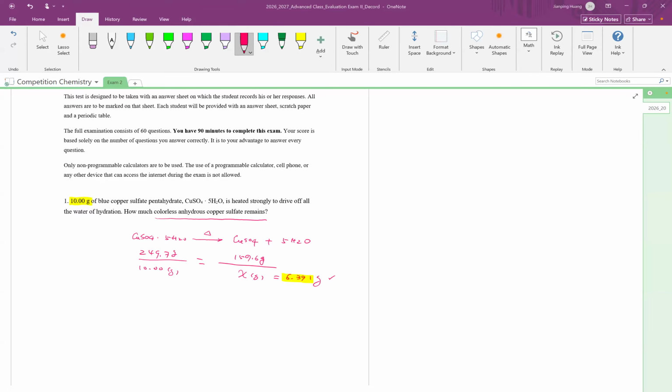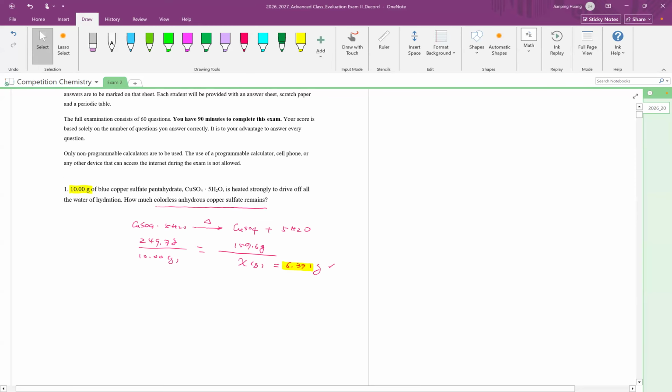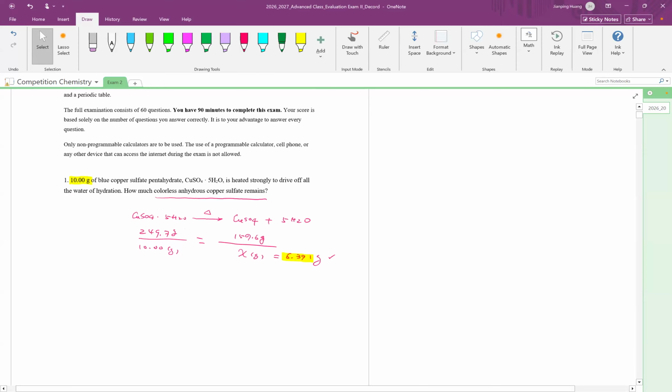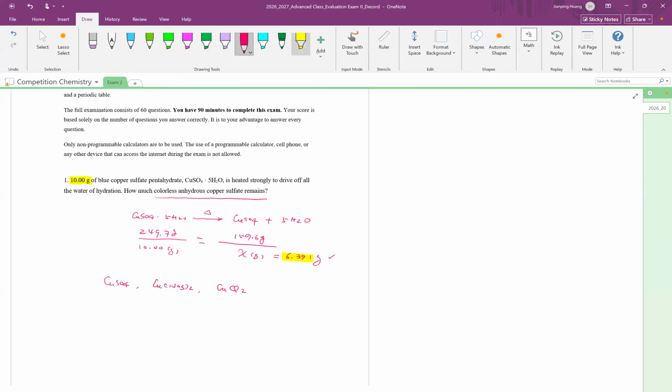Now, as you know, copper, especially copper sulfate, copper nitrate, copper chloride, has been used in the USNCO and IChO Olympiad all the time. Copper sulfate, copper 2 nitrate, copper 2 chloride, very common ones used in the exam, okay?